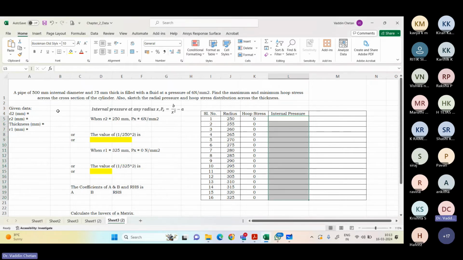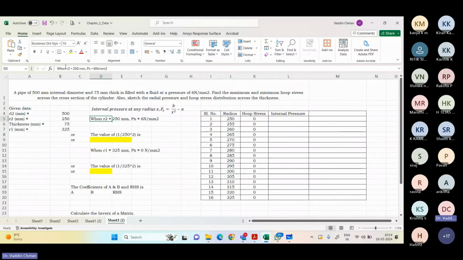Now I can see that D2 is the diameter, which he has given to be 500 mm, so the radius is 250 mm, and the thickness he has given is 75 mm, so R1 becomes this plus this, around 325 mm. We know that internal pressure at any radius is given by B by R square minus A. For this, let's go on substituting the boundary conditions.